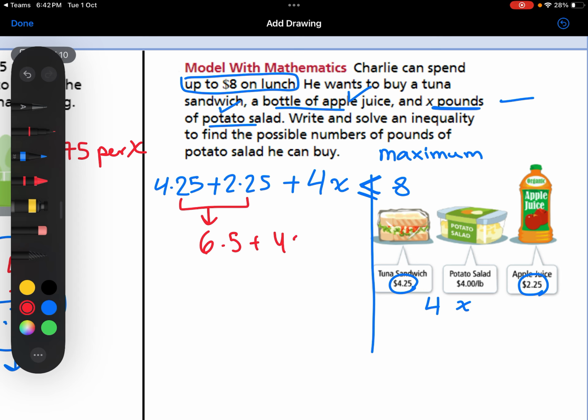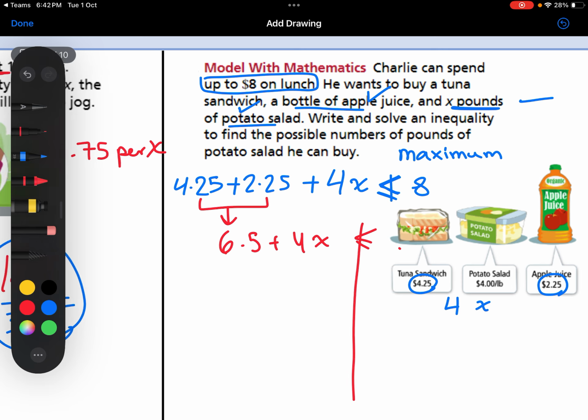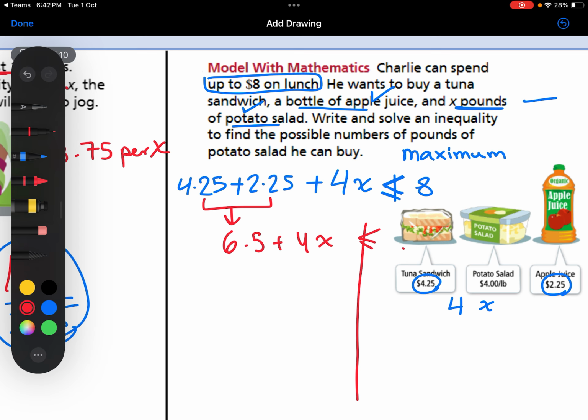Rewrite your inequality and then work on it. Yes, now I can work on it because I just made it easier. Miss, I don't want to combine them, I want to cancel them one by one. It's okay, it will give you the same answer. Which one should I cancel first, the 6.5 or the 4? Of course, the 6.5.